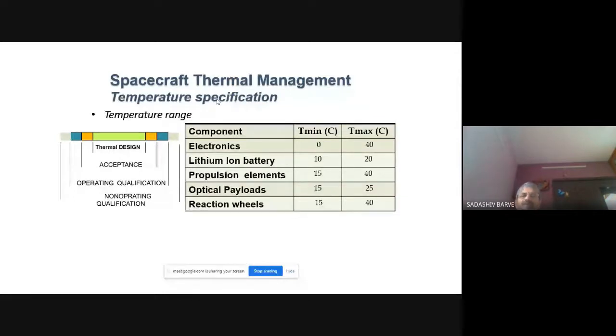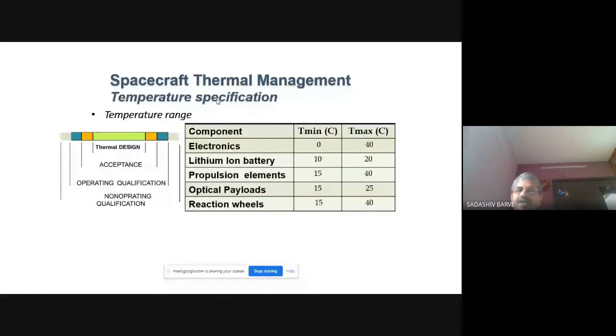So the temperature range for an individual subsystem is important. For example, electronics packages are 0 to 40. For batteries, earlier we used to use nickel cadmium batteries, which needed to be maintained in the range of 0 to 10. Nowadays most satellite applications use lithium-ion batteries that need to be maintained in the range of 10 to 20.